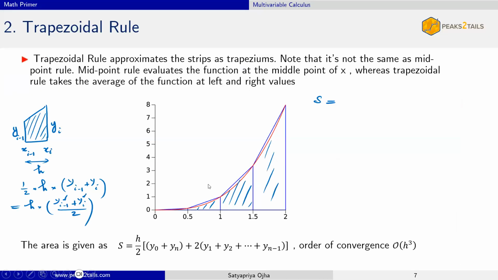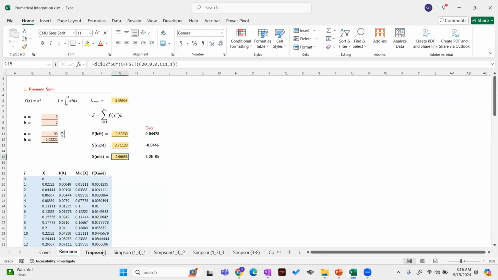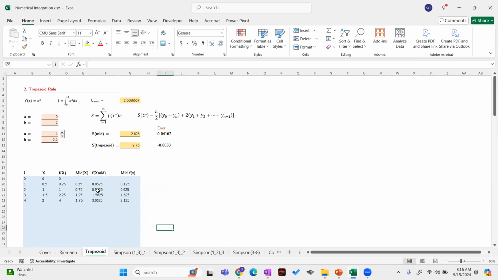It's very easy, straightforward stuff. So for the trapezoid rule, what I need to do is, again, 4 steps, same integral. This is my formula. We don't need this, this was for the midpoint rule. We need the mid of f(x), which is the average of f(x).